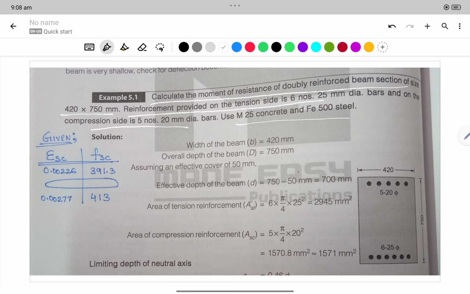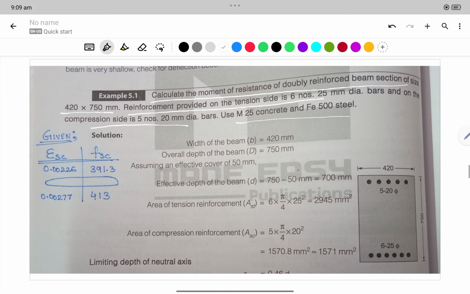Use M25 concrete and FE 500. So for the moment of resistance, first we have to calculate XU and XU limiting. After that we can do it.